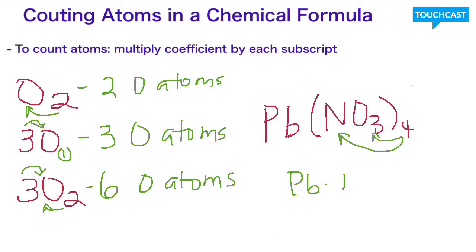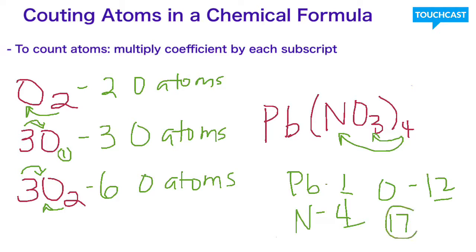I have 4 nitrogen atoms because I don't have a subscript immediately next to my nitrogen either. And I have 12 oxygen atoms because I have 3 directly next to it, and there are 4 sets of those because of the subscript outside, which makes my total number of atoms 1 plus 4 plus 12, which is 17.